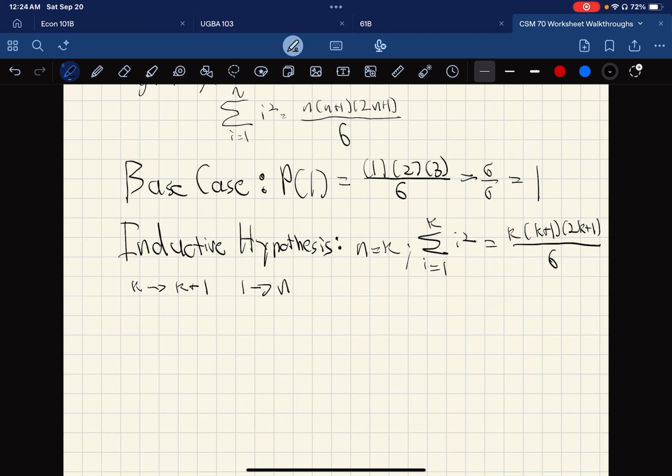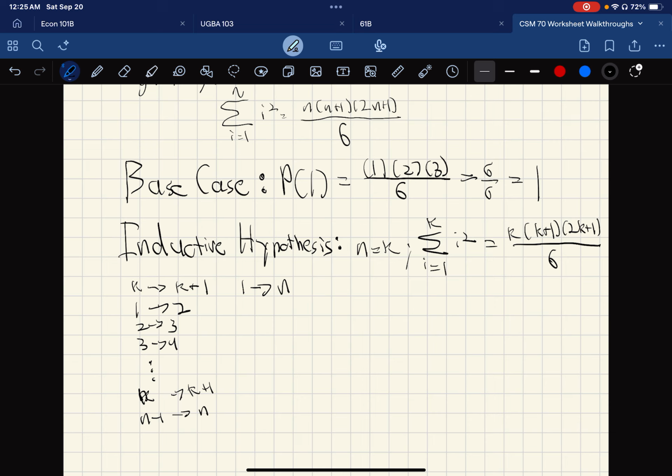Proving the k to k plus 1 case will prove 1 to 2, 2 to 3, 3 to 4, and so on, all the way up to n minus 1 to n.